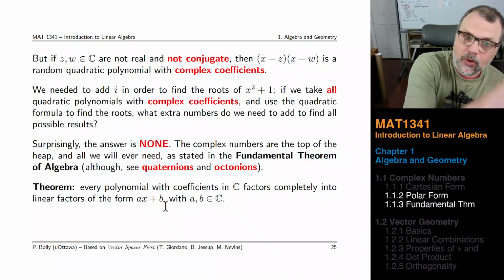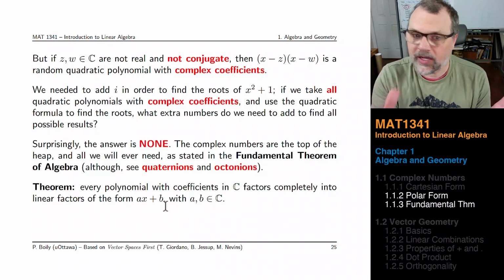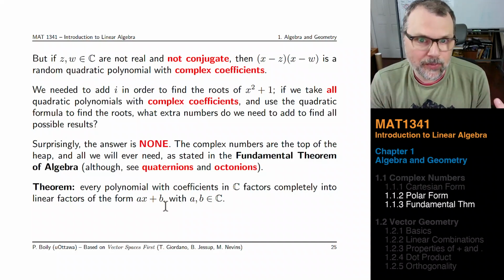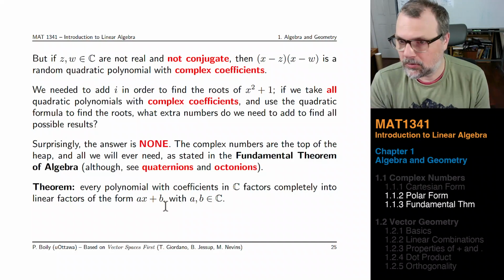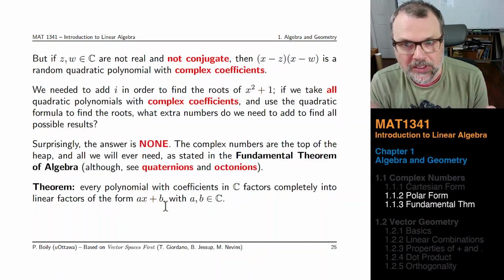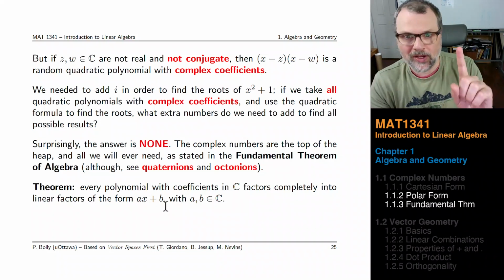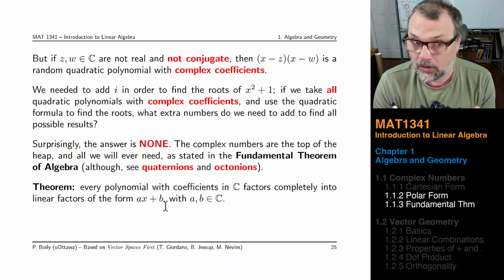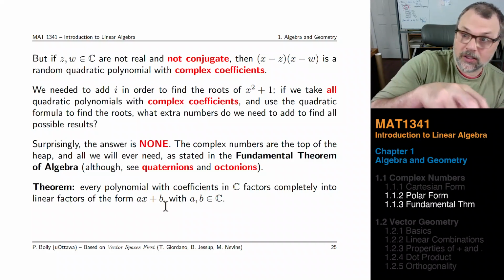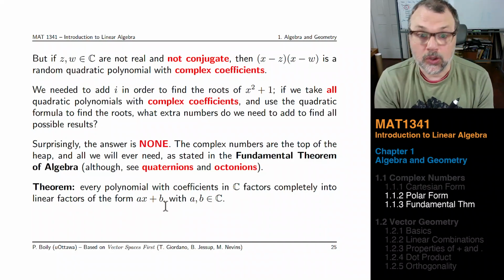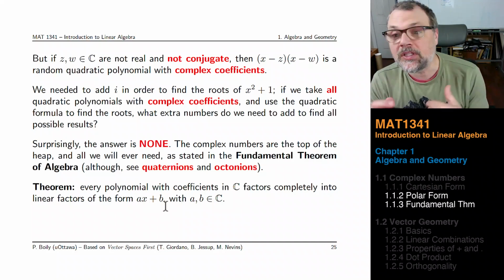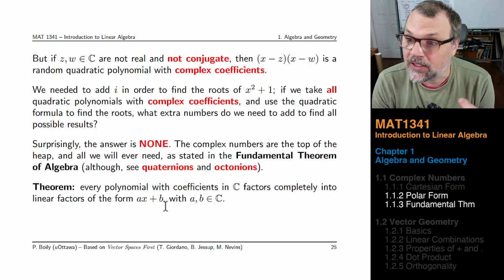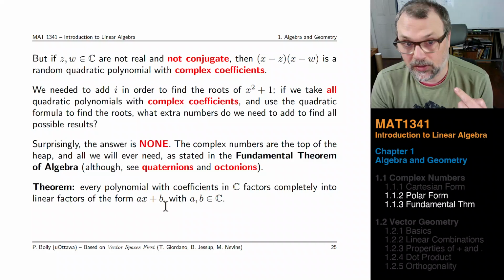When you go from the real numbers to the complex numbers, you gain the ability to solve all quadratic polynomial equations. But you lose something, right? You lose the ability to say when a number is greater than another number. When you go from the complex numbers to the quaternions, you have more numbers, which is good, but you lose the property that the product is commutative.